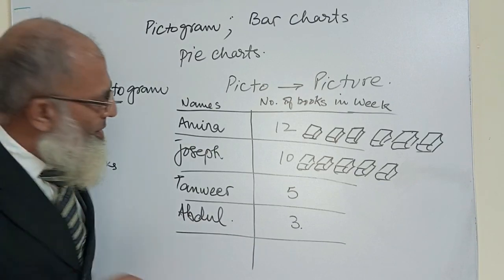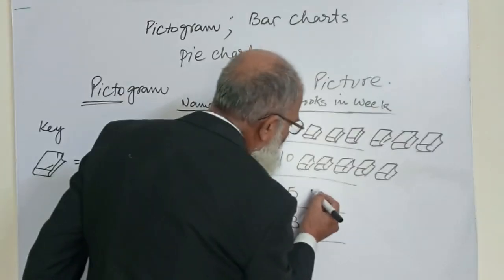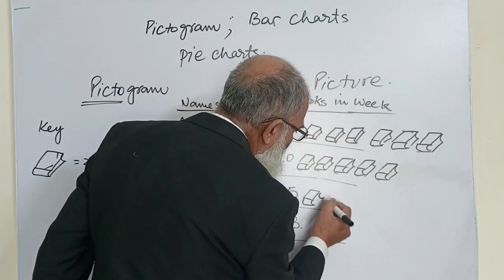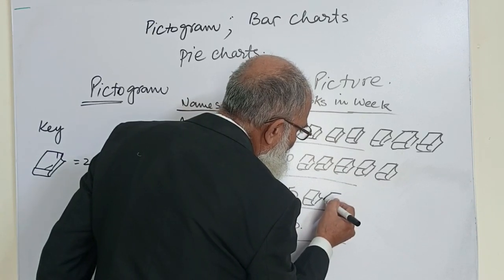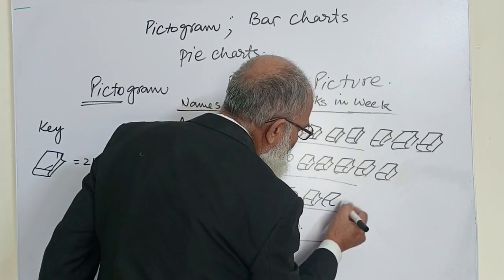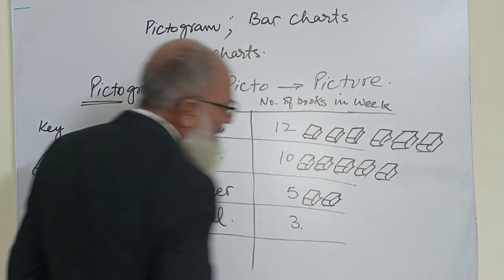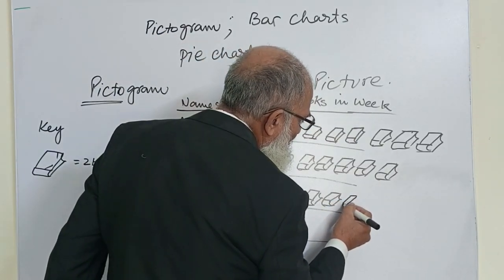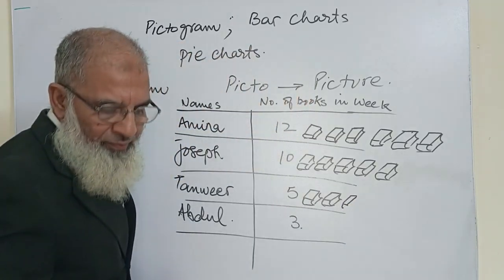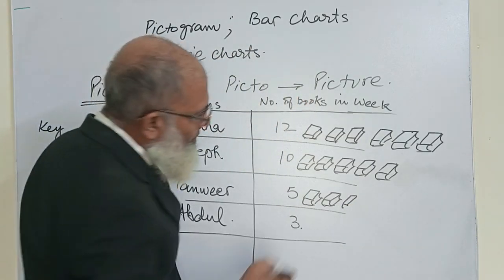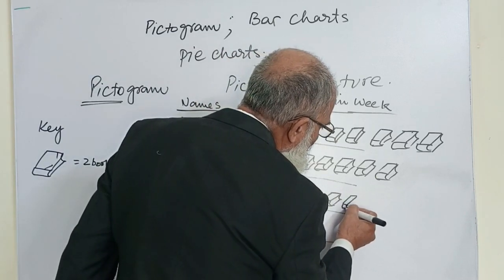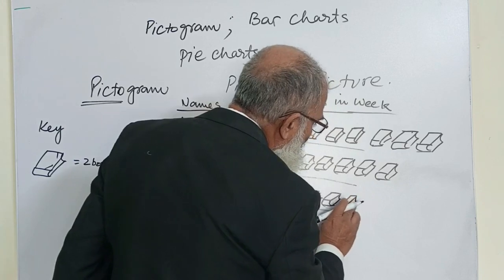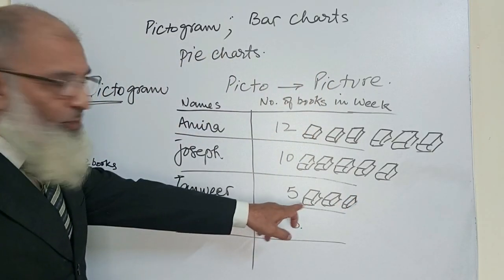Similarly, now you see that this is an odd number. Remember odd numbers? Yes. Now what we do here is we represent two books as complete and one book maybe half. Now this is a half book.